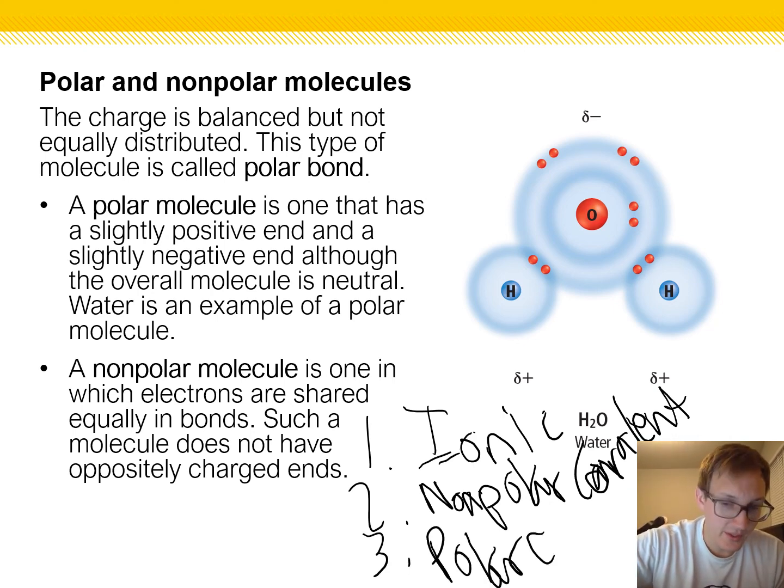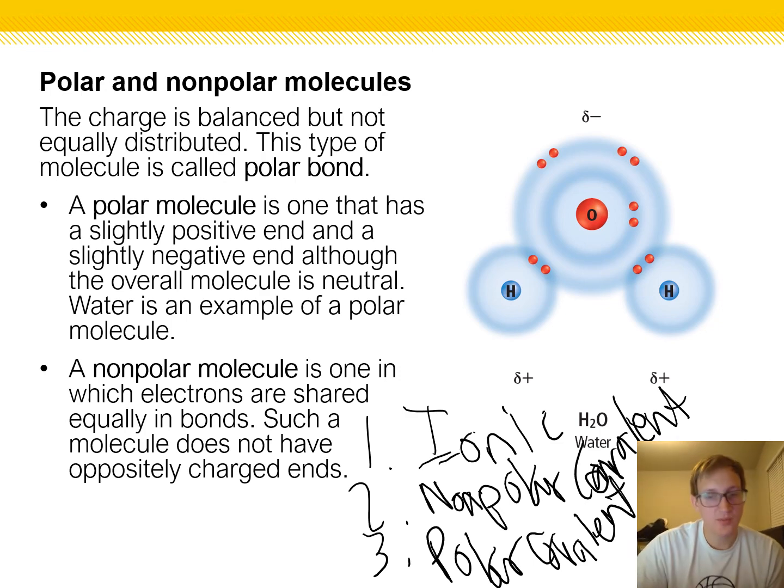Okay, so really, we've talked about 2 types of bonds, ionic and covalent, but then covalent kind of gets split into 2 subcategories where we have equal sharing and unequal sharing. Either way, they're sharing electrons, and that's all you really need to know for covalent bonding.